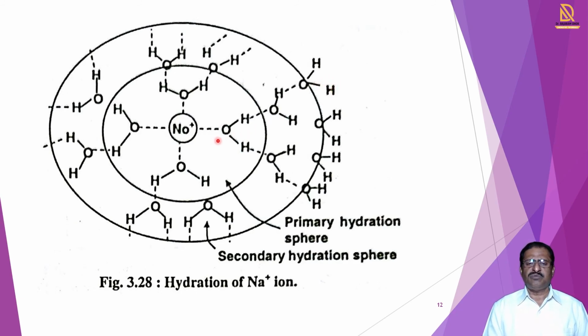In this way, there is formation of a first hydration sphere, a second hydration sphere, and in those spheres a large number of water molecules are present, and they attract Na plus. The same case is observed for Cl minus ions, and because of that NaCl or any ionic solid undergoes dissolution, and there is formation of solution. Such a process is called solvation of an ionic solid.